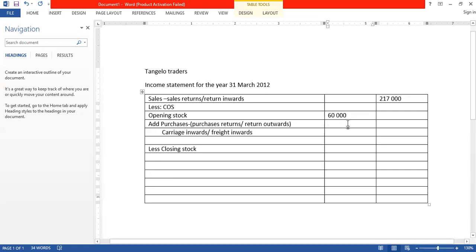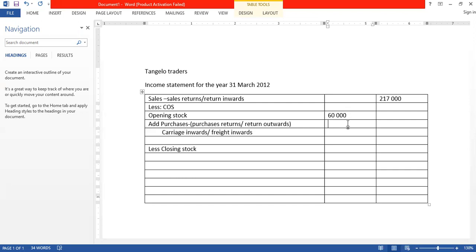Now, before you record an amount, you have to check whether there is additional information that is affecting that account. For example, before you record your purchases amount, you need to go through all the additional information and make sure there is no additional information that affects that account.